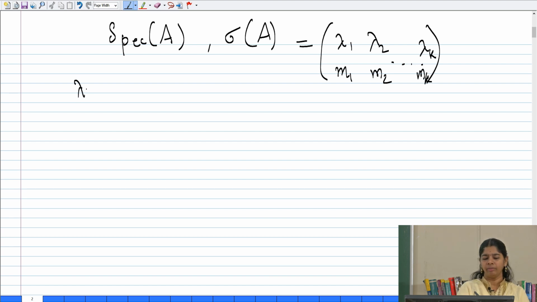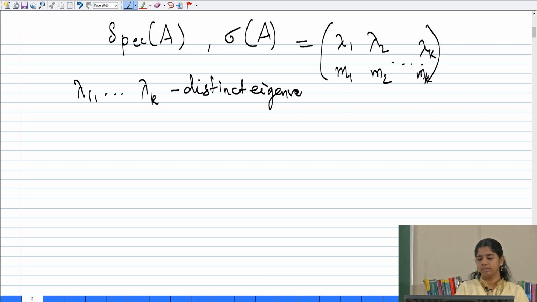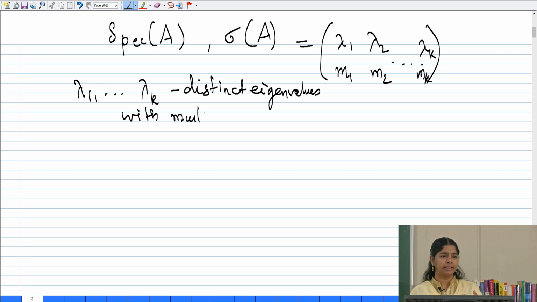Say suppose we have k distinct eigenvalues, then with multiplicity. By multiplicity we mean the occurrence of lambda i as an eigenvalue, or a root of the characteristic polynomial, is m i times.